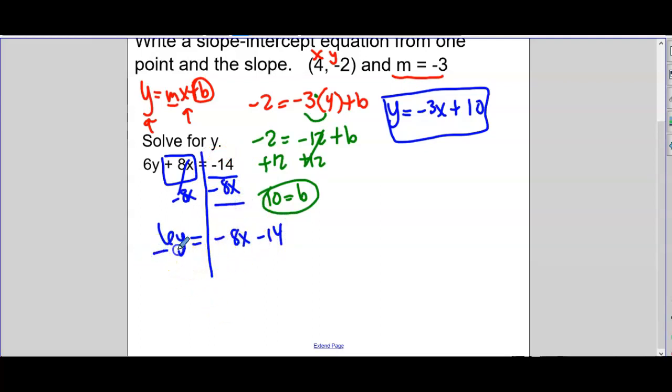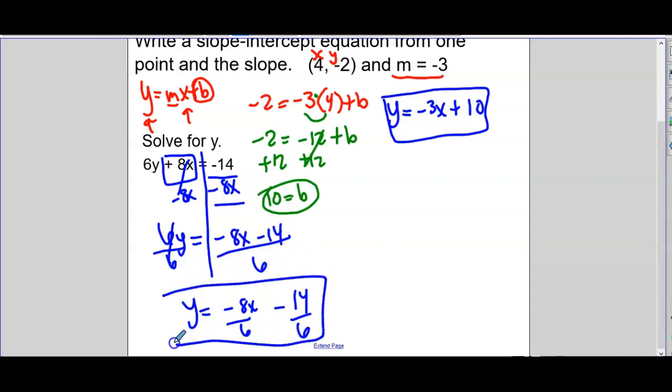My final step then would be to divide by 6, okay? And I'm dividing everything by 6, so it gets a little tricky here. I'm going to get y equals -8 over 6x, right? And then minus 14 over 6. So I'm not going to have whole numbers, right? So I could keep it like this, or if I wanted to simplify it, I could even say y is equal to, if I divide both these by 2, -4/3 x, right?